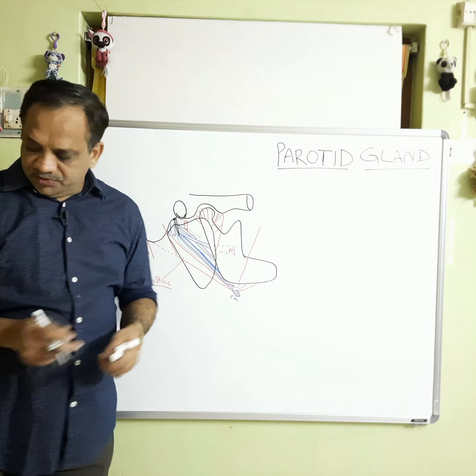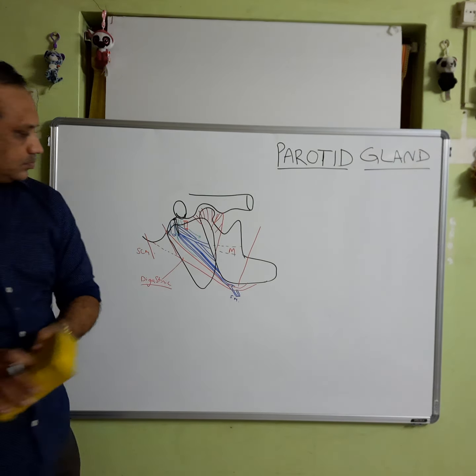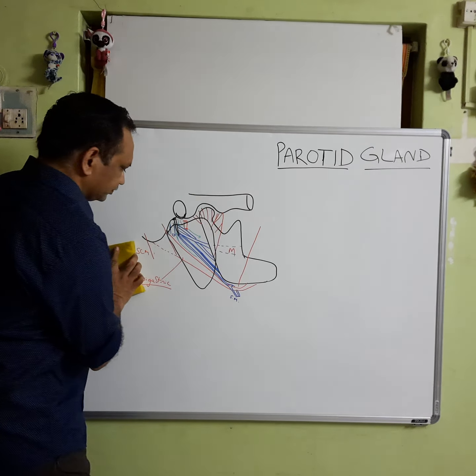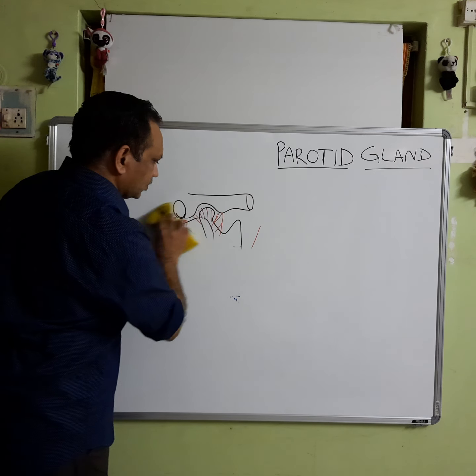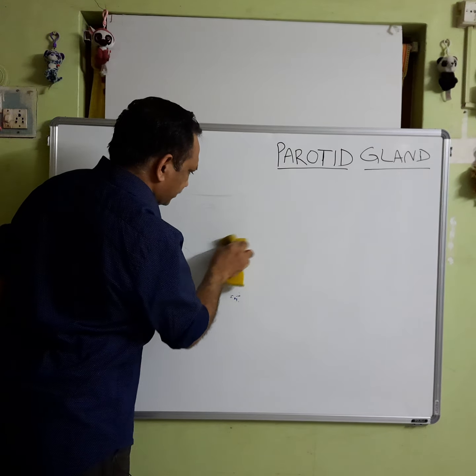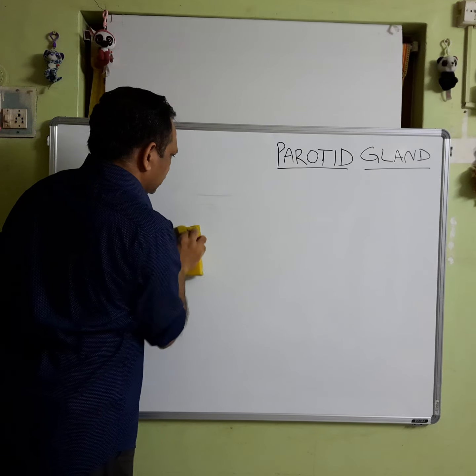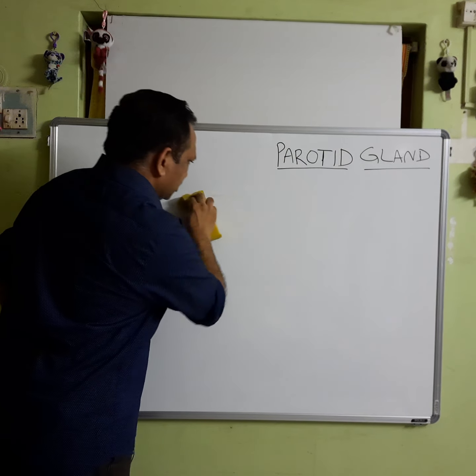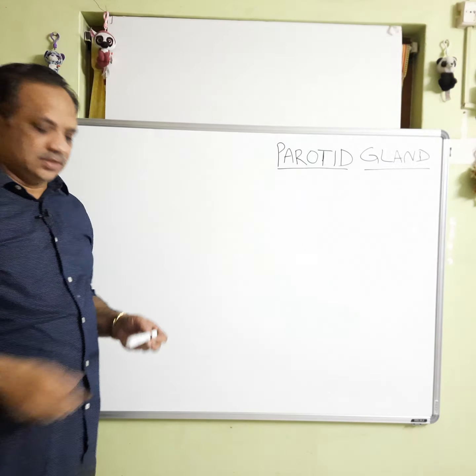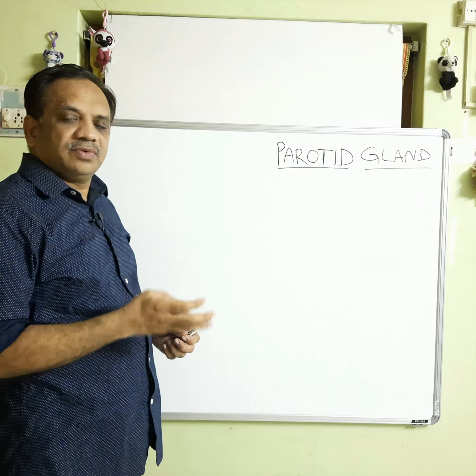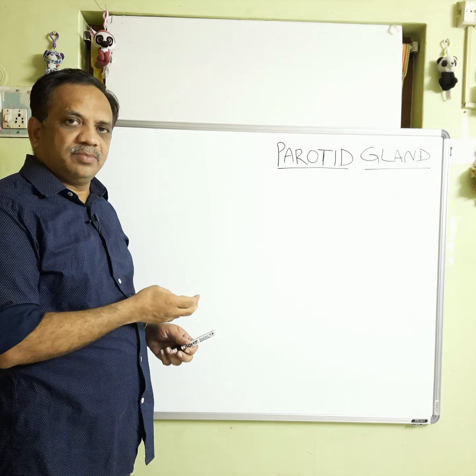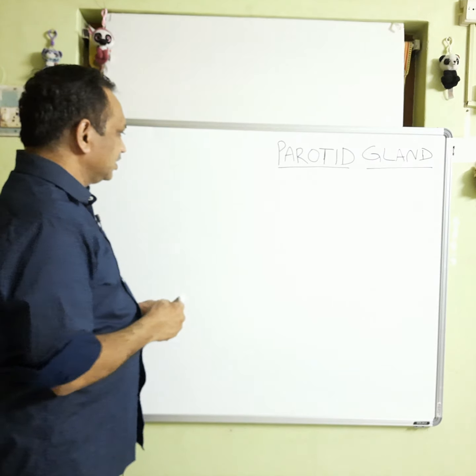Now, if we see the gland, the gland presents 3 borders, one anterior border, one medial border and one posterior border.